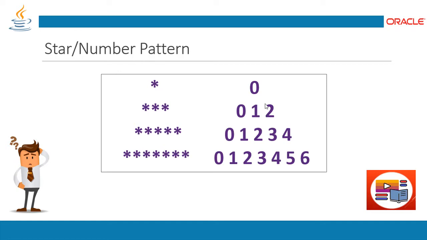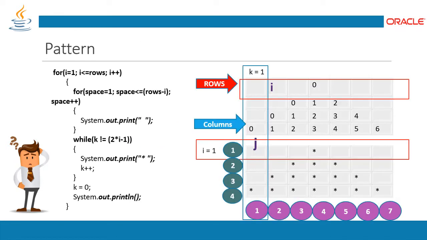So star number pattern. Let's take an example of this pyramid display and see how we can create a logic and implement this type of problem. First thing, we have to fill up the space of this particular pattern and make it completed in an exact form.